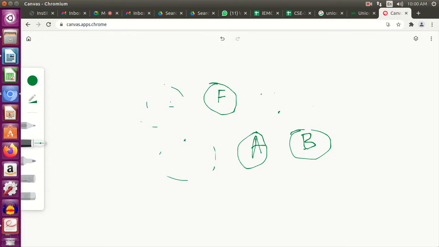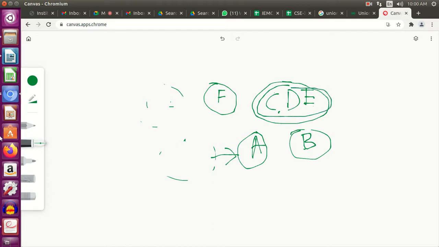So we can write a single state CDE, and all the other states would remain the same. A would be the starting state and CDE is going to be your final state.